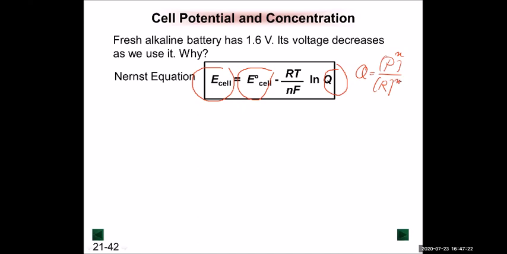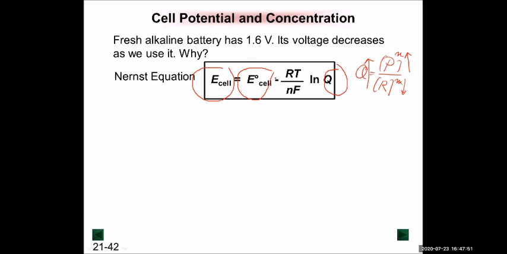A simplified version of the quotient is basically the product over reactant. As the reaction progresses, the product increases and the reactant decreases, so the quotient will increase. An increase in the reaction quotient will cause this portion to become more and more negative. So the overall cell potential will decrease in the end.